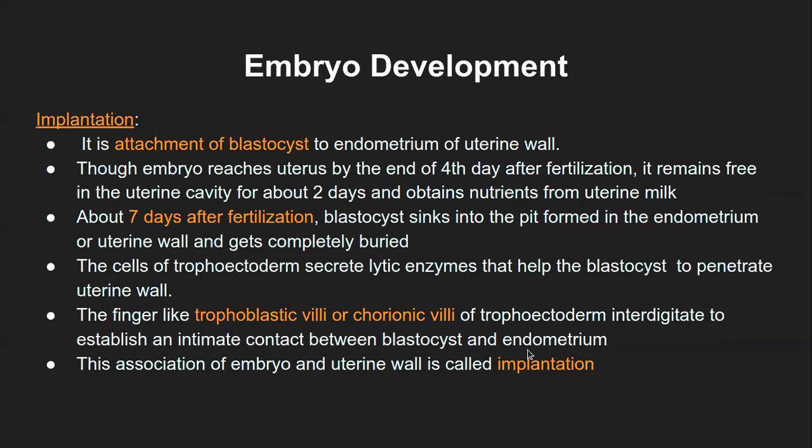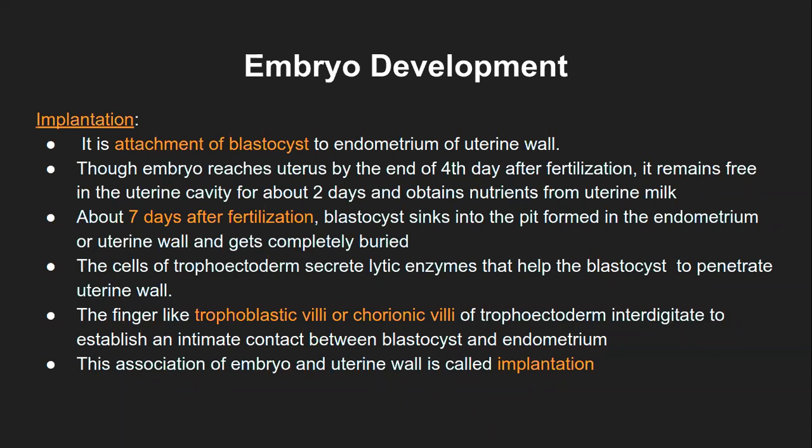So what happens is, this blastocyst on the outermost side will have these trophoblastic villi, which are finger-like projections. And the endometrium, being an epithelial structure, also has these finger-like projections. So both of these finger-like projections will interdigitate.